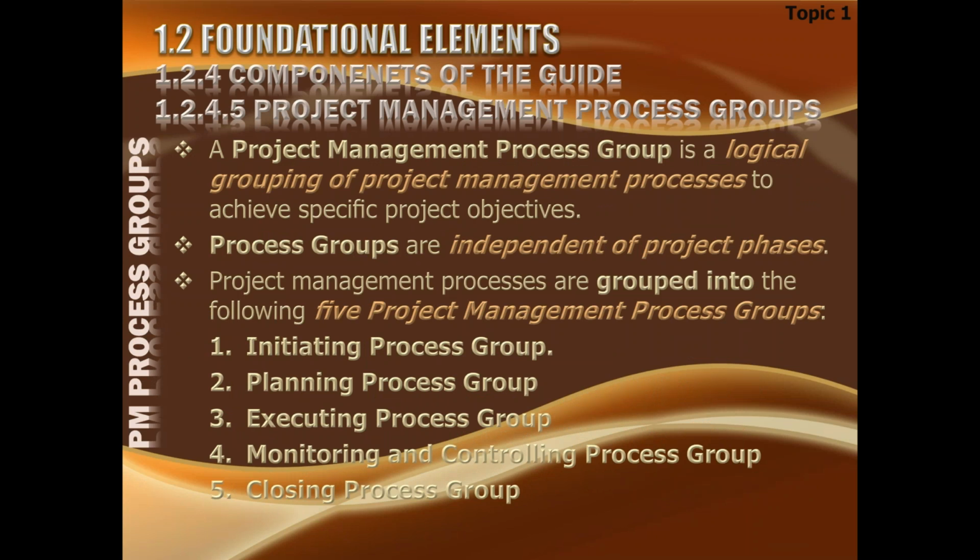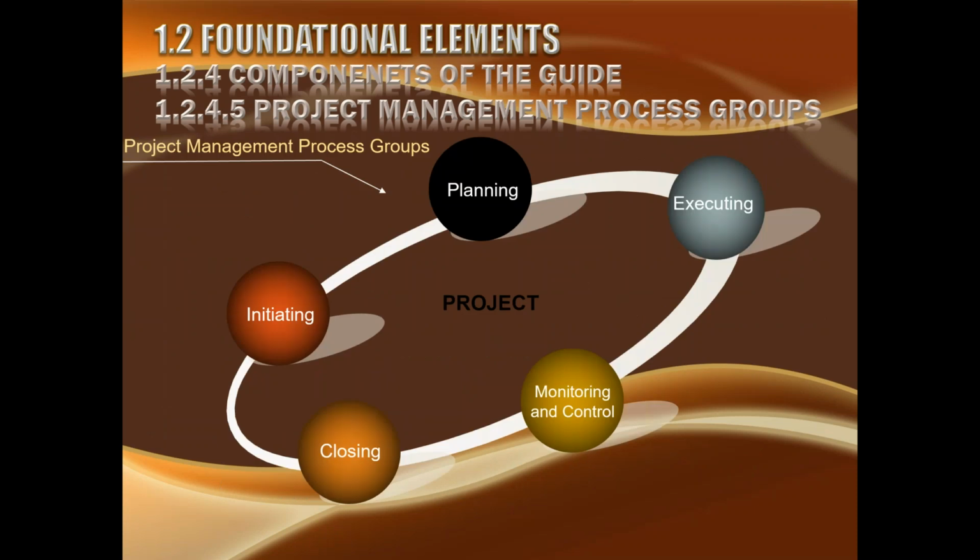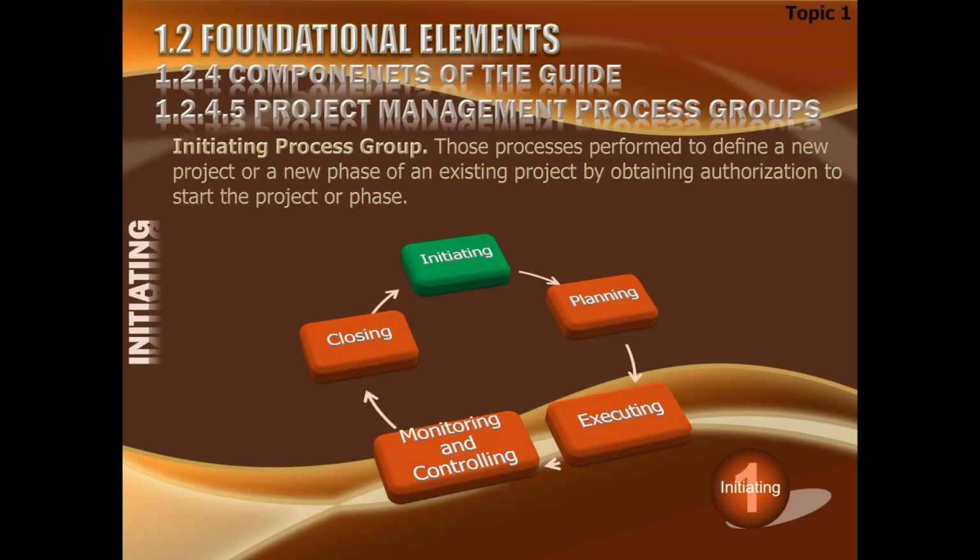So once again, process groups are independent of project phases. They have nothing to do with the project phases, but every project phase will have all the 5 process groups. So these are the 5 process groups: initiation, planning, execution, monitoring and control, and closing.